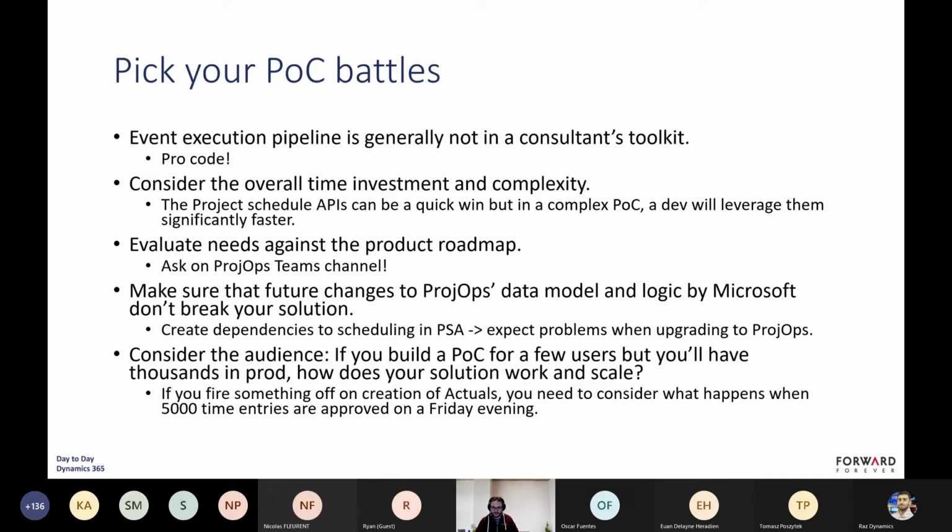If you go to production, and your user base is 1,000 or 2,000 users, not to mention more than that, how does your proof of concept scale? How does it work? We're talking about Flow, which uses the async service. How does throttling work in Flow, in Power Automate?